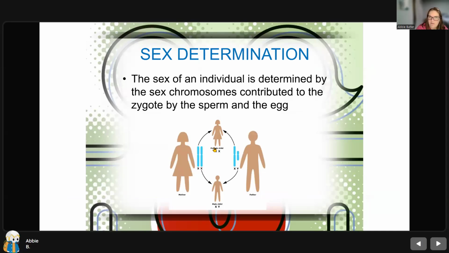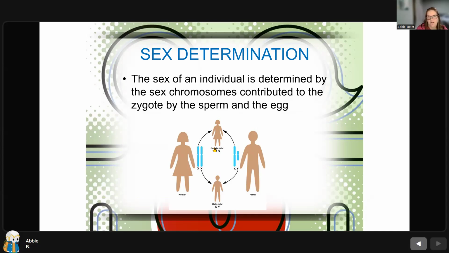The sex of an offspring is actually determined by the male sex cell, the sperm cell, because the male could pass an X on to produce XX, if having a daughter, or a Y, XY, which would traditionally produce a son.